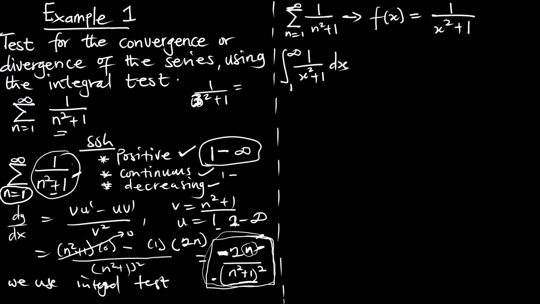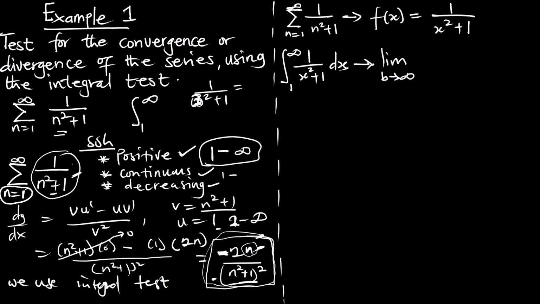What is this? When you learn your integration, you know that the integral from 1 to infinity is an improper integral. So we have to convert it to a proper integral, and this is how you do it. You introduce a limit such that a value, say b, approaches that same infinity.